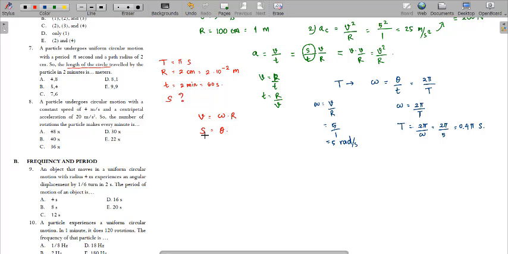So this is the connection between s and theta, between linear distance and angular distance. So now the question is how you find the theta in here, the angular distance. Again, you can find it using omega. Omega is theta divided by time, right? And how about the theta now?